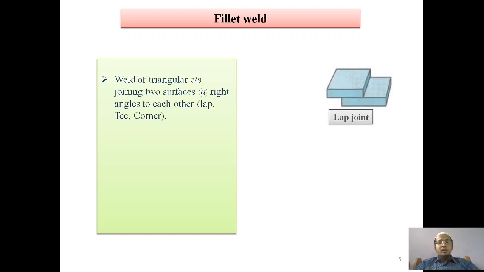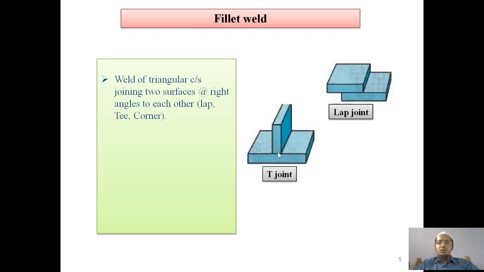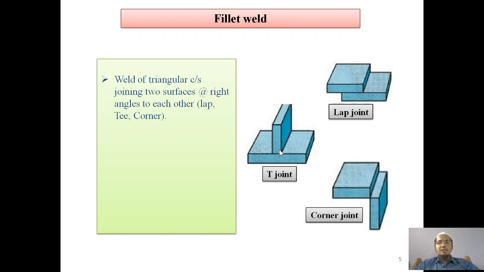You can see the figure of the lap joint, and flat weld will be provided on either side of the lap. Similarly for the T joint, we have to go for flat weld, and flat weld will be on both faces or both sides of the connecting member. Similarly, such type of weld is used for the corner joint as we already discussed. Here these are the two members and this is the corner. So at this corner we have to provide flat weld.